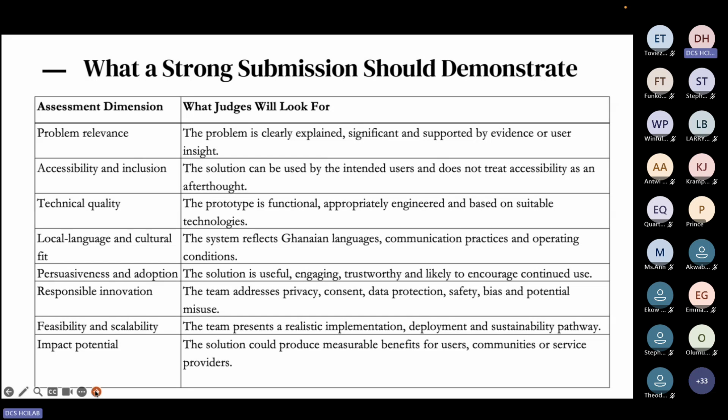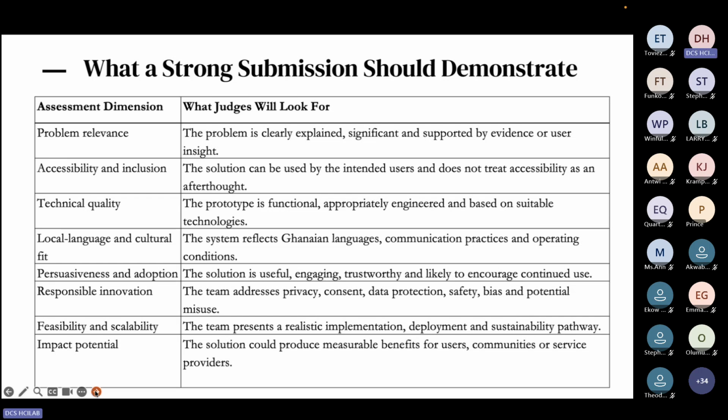What your submission should ultimately demonstrate are the following. We have listed this because not every team who has registered may be selected. There are selection criteria that we take into consideration.